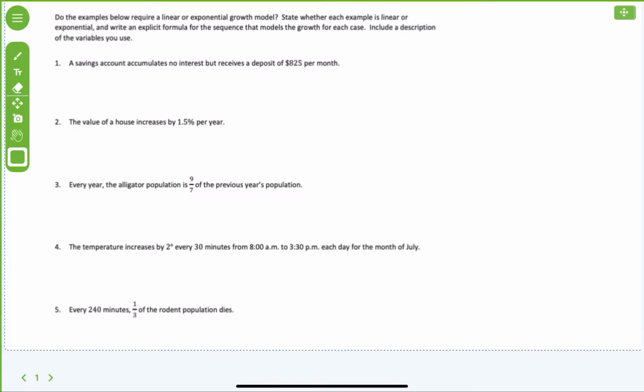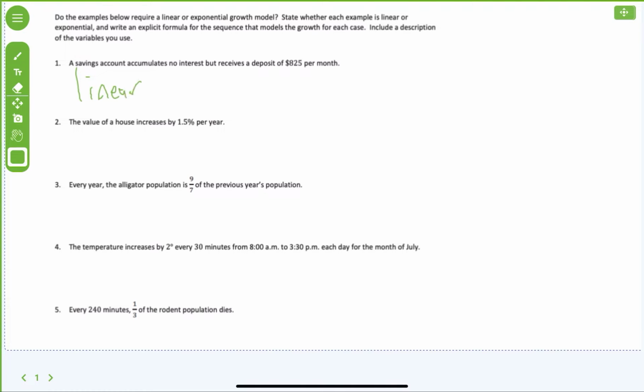It says a savings account accumulates no interest but receives a deposit of $825 per month. So first of all, is that going to be linear or exponential? Linear, yes.